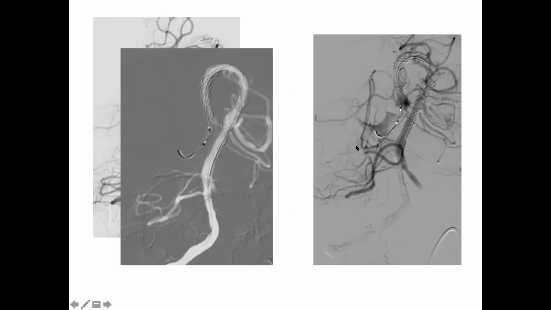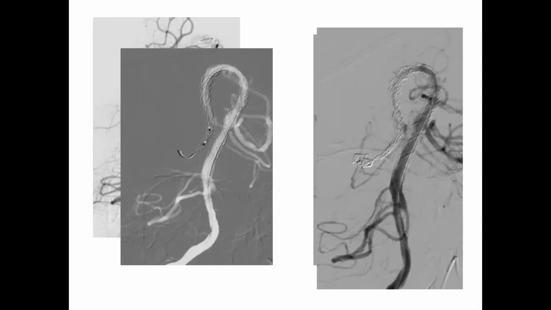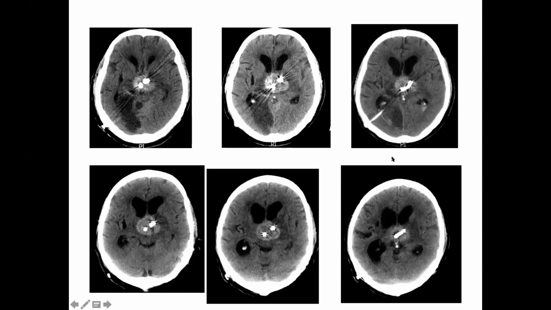At this moment, I decide to sacrifice the posterior cerebral artery and close the vessel because the patient was bleeding. 1 week later, the patient died. Now, this is the infarction in the posterior cerebral territory. This is a complication.